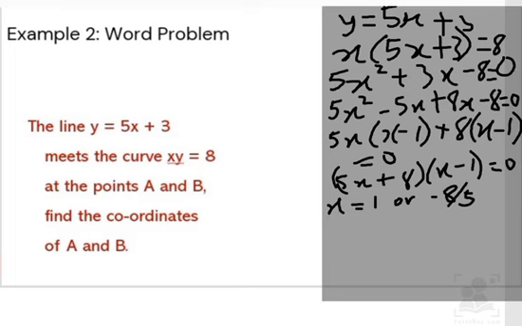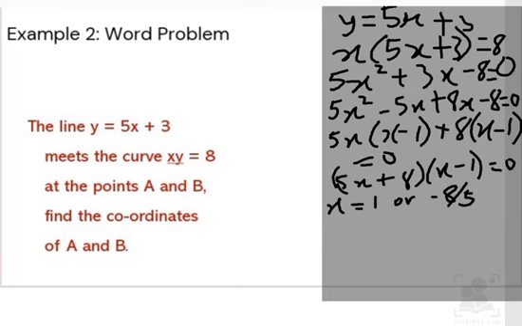So I'm going to be substituting these values to find the values of y. Which means that when x equals 1, what's the value of y? And when x equals minus 8 over 5, what is the value of y?